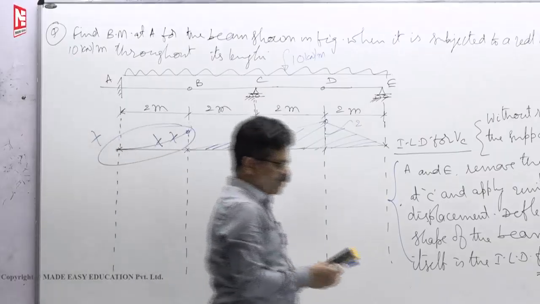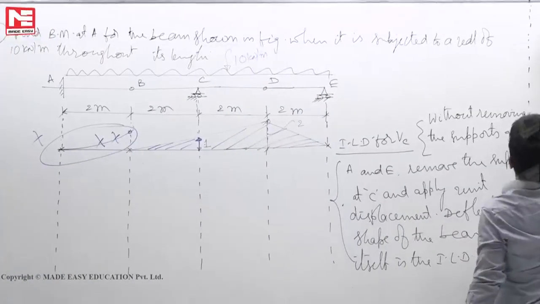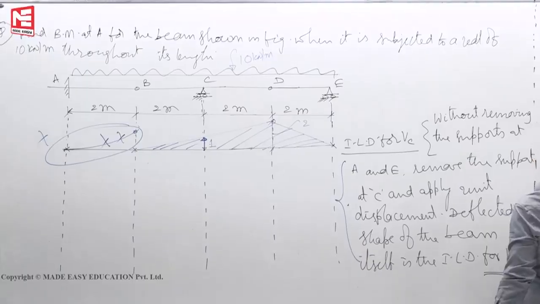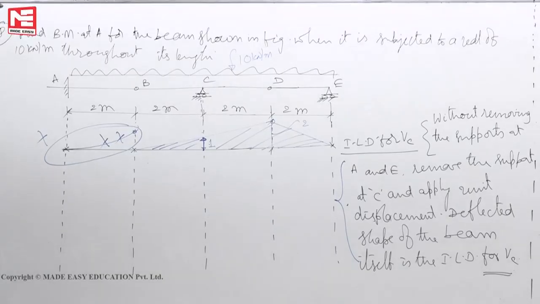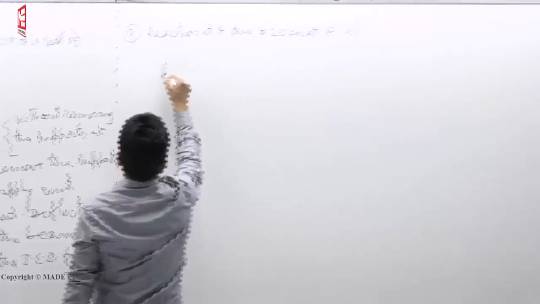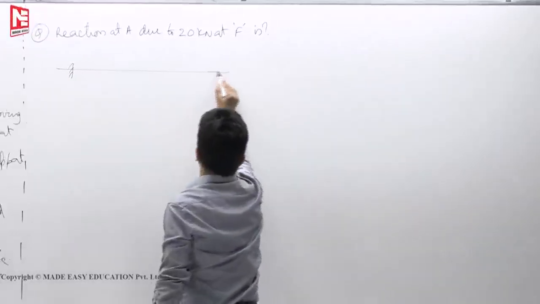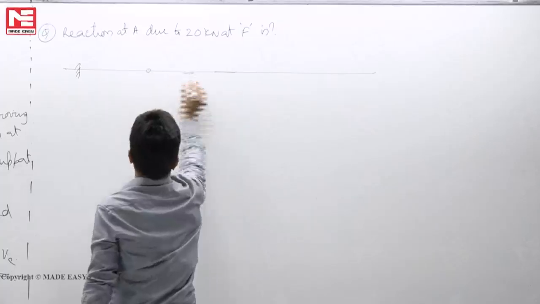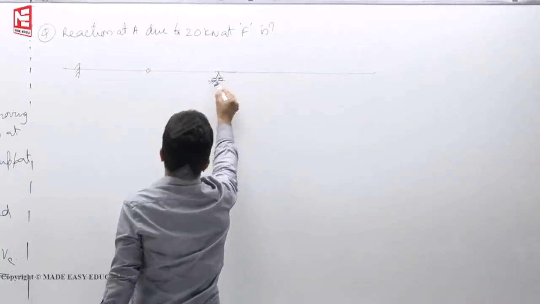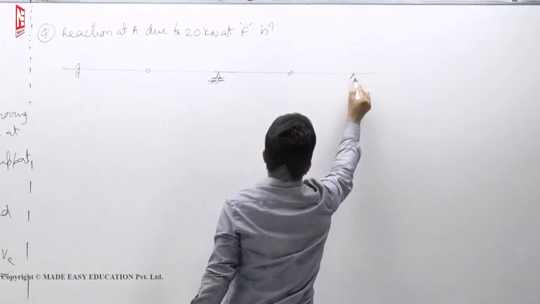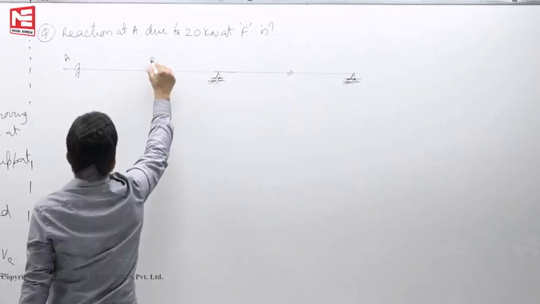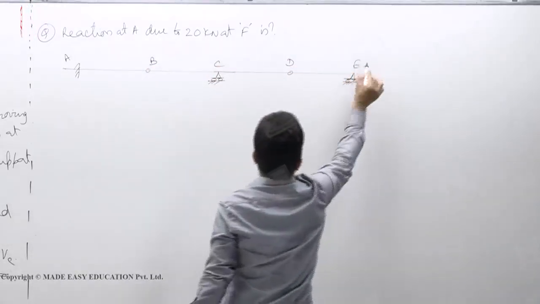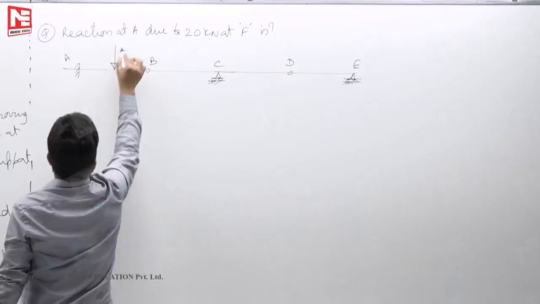Now, you see, in one paper they asked a question like this. Reaction at A due to 20 kilonewton at F is like this they have given. This point let us say A, B, C, D, E. Somewhere here there is a 20 kilonewton load.